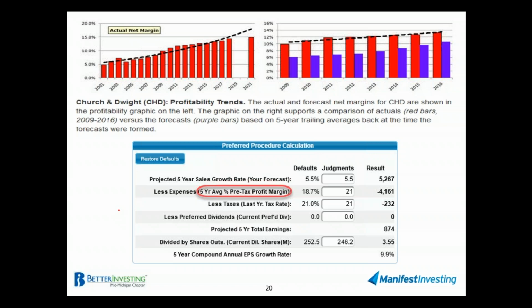The purple bars are the forecasts that would have been generated by default-based stock selection guides over those years. So you can see that, again, there's a shortfall there that you want to avoid. You want to be always looking. I mean, the rearview mirror is important, but so is the windshield. Always be looking forward and accounting for that as you go through your preferred procedures.